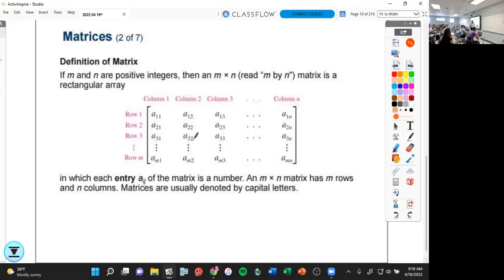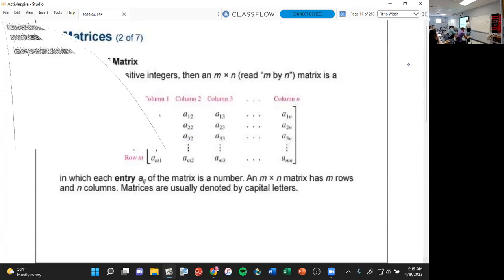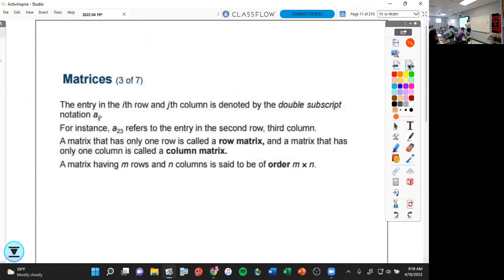And a matrix can be anything from a 1 by 1 to an n by n, or m by n, because it doesn't have to be a square matrix. The entry in the ith row and the jth column is denoted by a double subscript, a sub ij. For instance, a sub 2,3 means second row, third column.